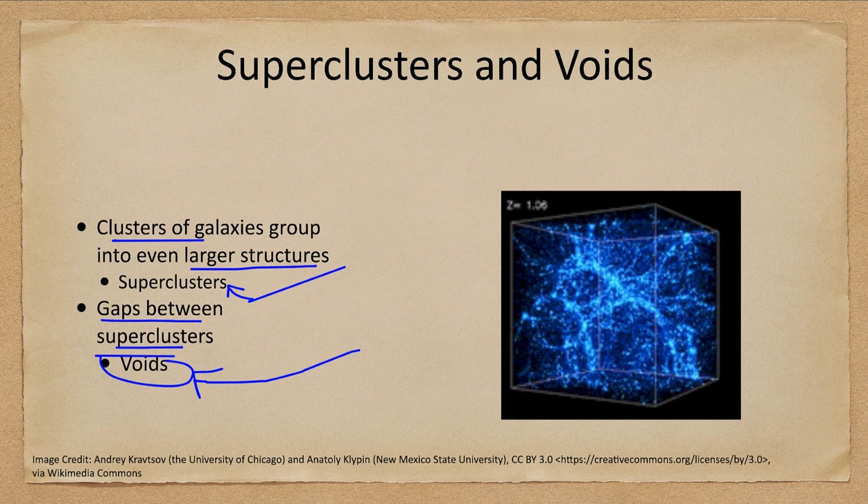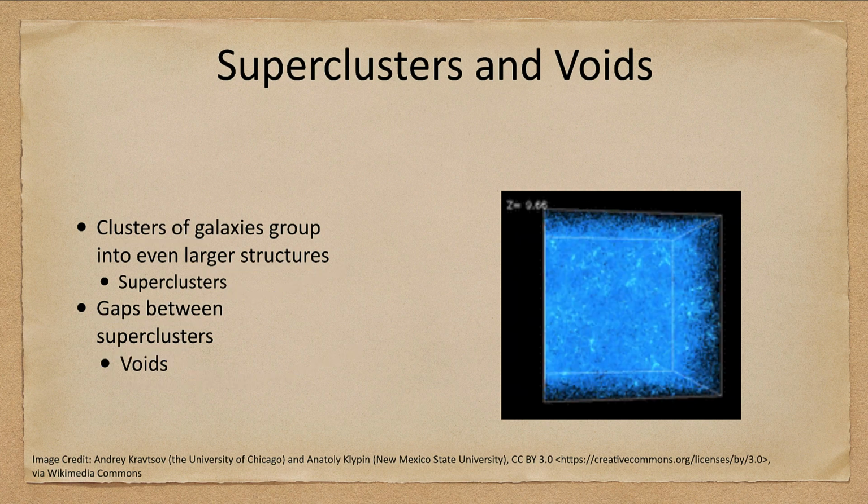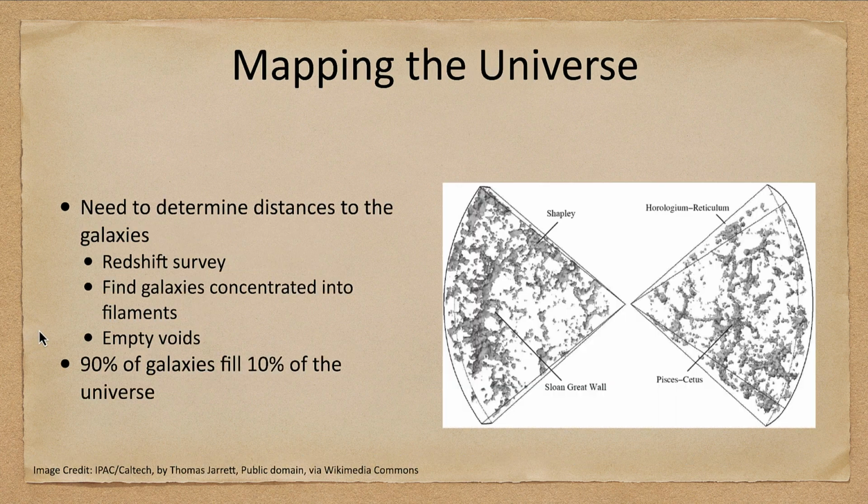Now we can also look at this in another way. This is a simulation. What does it look like in real life? Well, we can make redshift surveys that allow us to determine distances to galaxies. We find that galaxies are concentrated into filaments and empty voids. So here we see some of those.